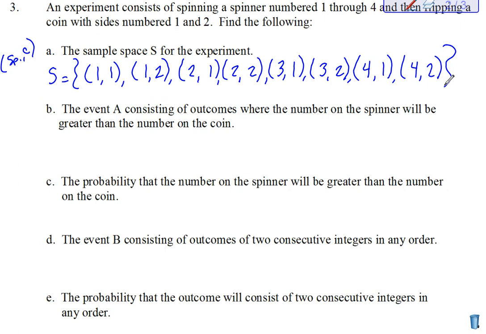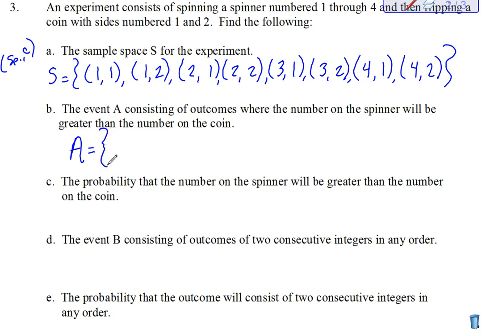Part B wants me to write an event. The event A consists of the outcomes where the number on the spinner is greater than the number on the coin. So I want to list the outcomes that make up this event, and these outcomes have to have the spinner number being greater than the coin number. So let me go through and see here.